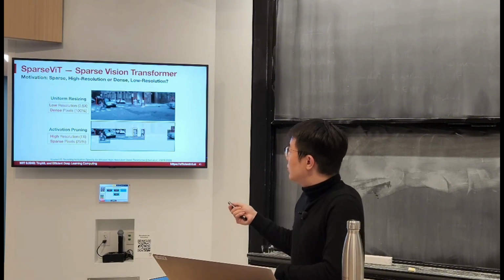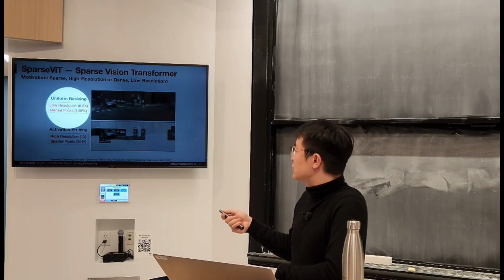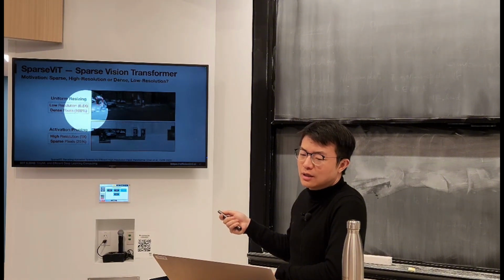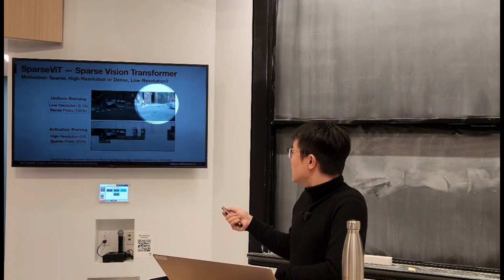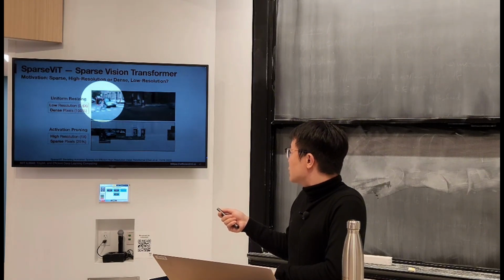We can resize the image to a lower resolution, like half of the resolution, but using dense pixels, 100% density. You can see it's very low resolution. Some details are lost. You can hardly tell this is a person anymore.